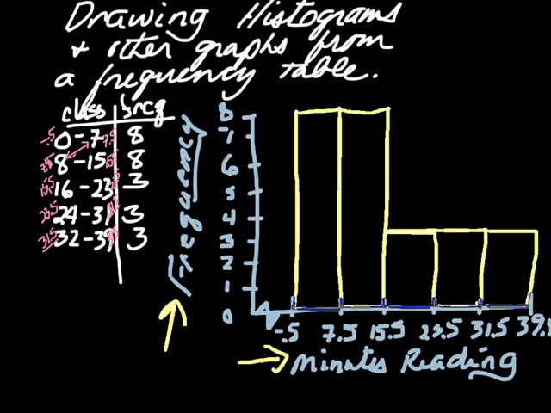In our case, it was problem 27, minutes reading a newspaper. You want to label those things so that when people look at it, they understand what they're looking at and know what it's about. And then sometimes you can even put a title. This is the amount of minutes people take when they're reading the newspaper on the internet, or whatever it happens to be. Okay? The bars must always touch, must always be the same width.